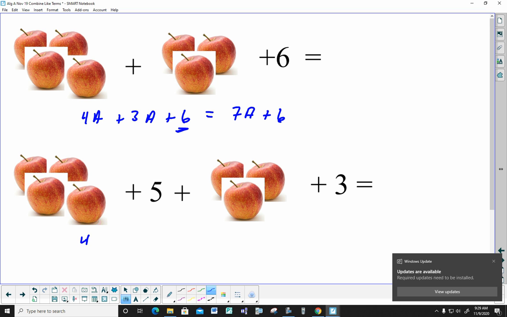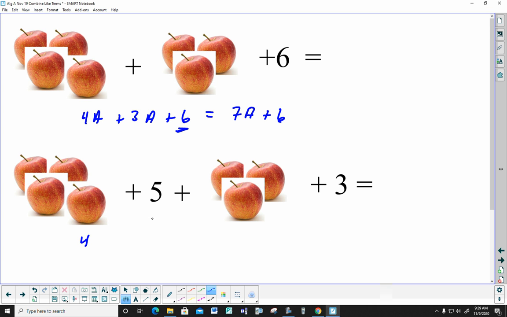This is 4a plus 5 plus 3a plus 3. I can combine these two things, and because these don't have letters with it, I can combine those. So the 4a plus 3a becomes 7a, and the 5 plus the 3 just becomes 8.